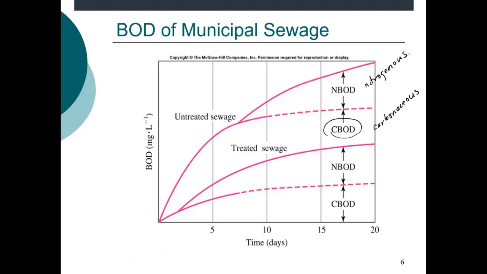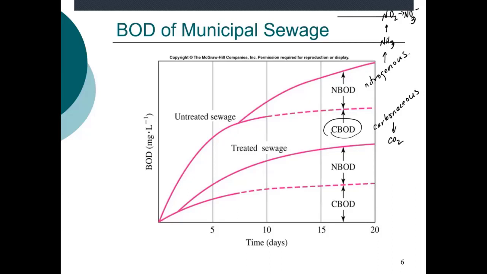So what we're looking at here is we're degrading the organic matter that contains carbon. So we're looking at degrading carbon to CO2. Here we're looking at degrading that organic material from ammonia to nitrite to nitrate.